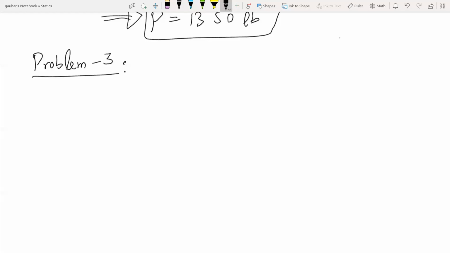Now, the main thing to note here is the last sentence of this statement. The wall at A is smooth. You need to make sure that you understand the meaning of this statement, because once we have a smooth contact between two surfaces, it means that there's no friction.